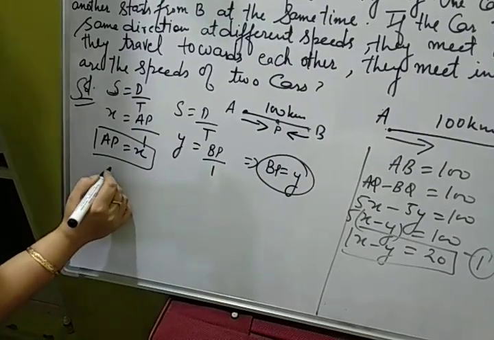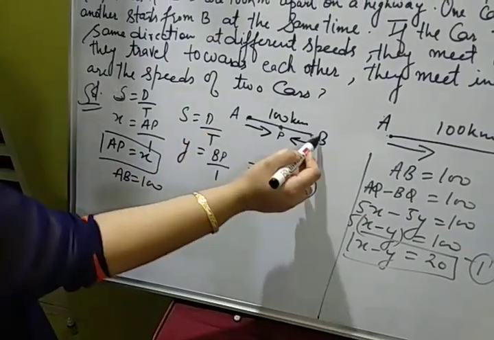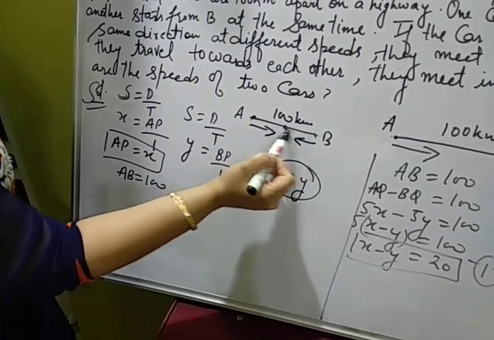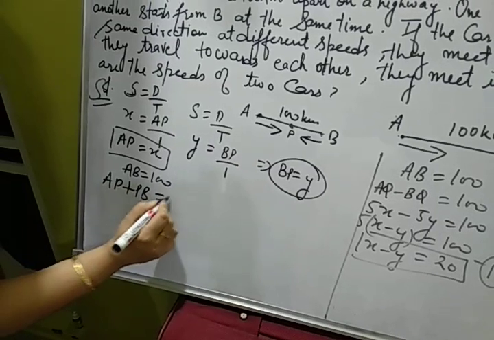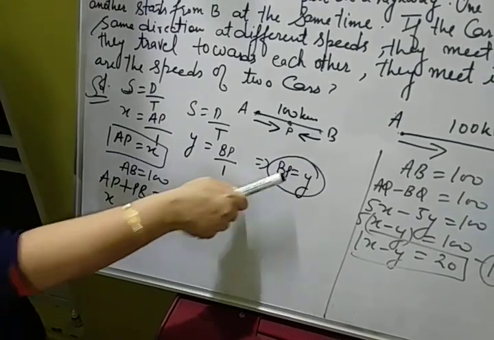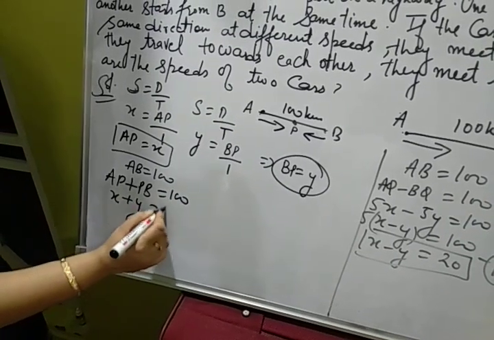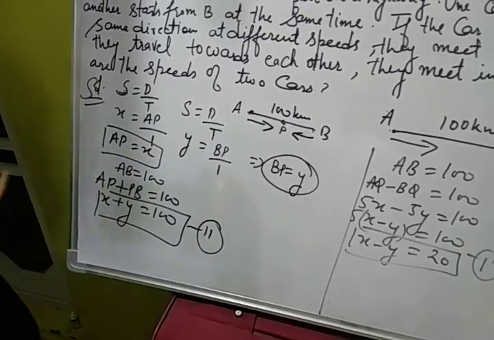Now we know AB is equal to 100 and AB can be written as AP plus PB. So AP plus PB is equal to 100. The value of AP is x and the value of BP is y, so x plus y is equal to 100. This is your equation number 2.